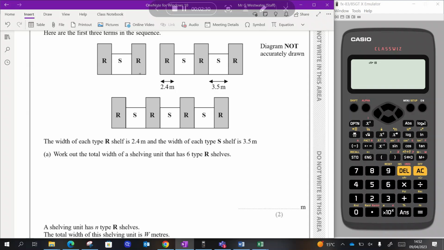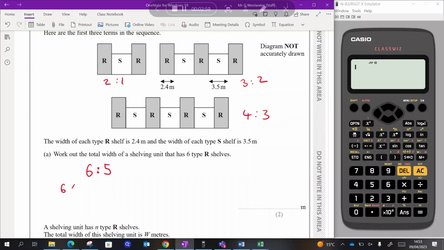One of the key things worth noticing is that initially we have 2 to 1, then it's 3 to 2 in terms of R to S, and then it's 4 R's to 3 S. So for every one new R I get one new S. So if I have 6 R types, that means I'm going to have 5 S types.